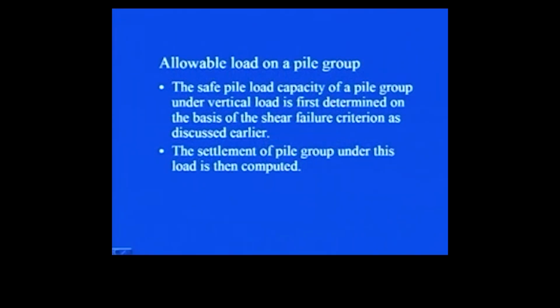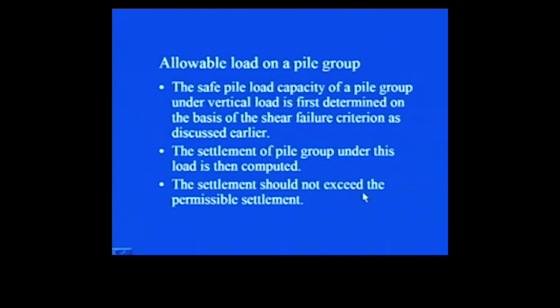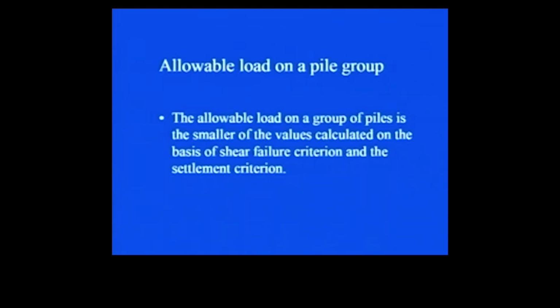Then the settlement of pile group under this load is computed. So, you know how you can calculate the settlement. Depending on this particular safe pile load capacity, whatever is that load, corresponding to this you can find out the settlement of pile group. The settlement should not exceed the permissible settlement, obviously, because from serviceability point of view the settlement has always to be less than the permissible settlement.